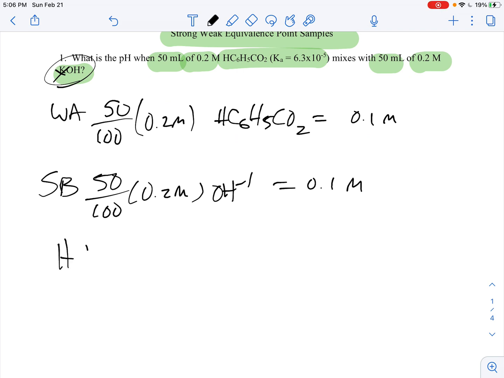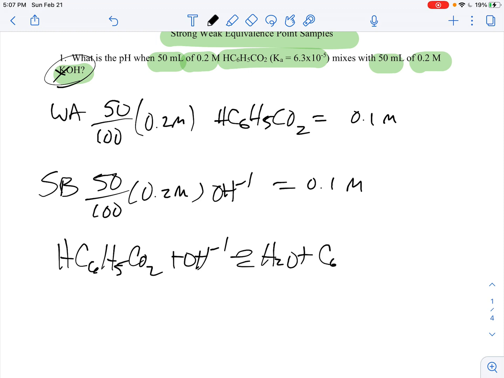So as presented to you, the problem is HC6H5CO2 plus OH negative is going to come over here and form H2O plus the conjugate base, which is C6H5CO2 negative. You need to recognize that this is not the format that you want to be using.